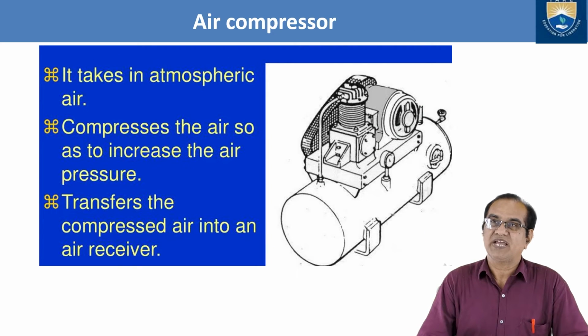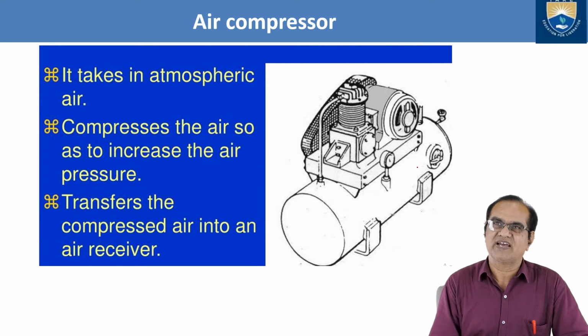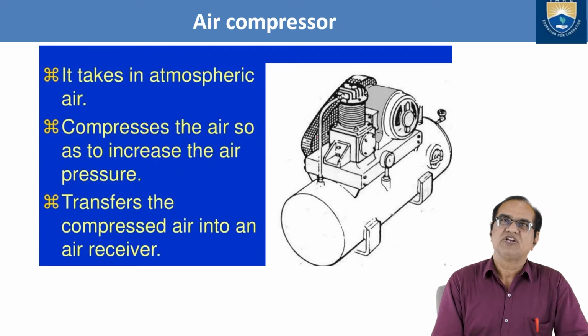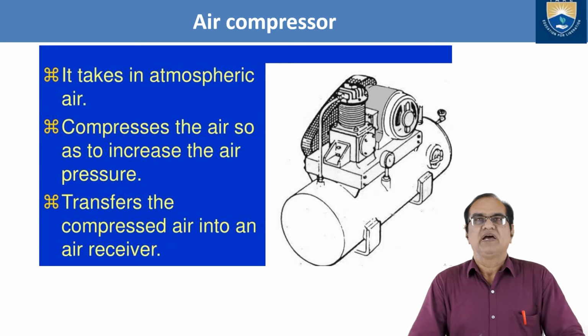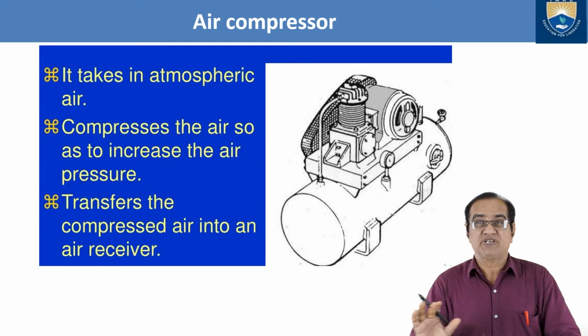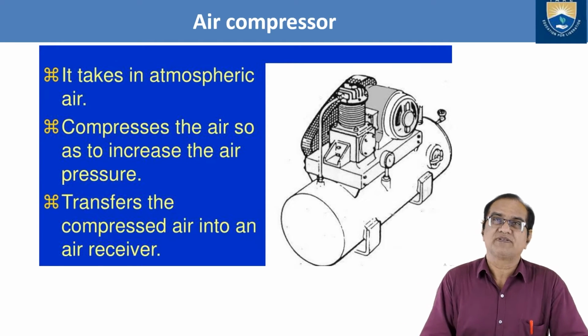Next is the compressor. You might have seen this in a tire shop. In a box there is a motor and a piston cylinder, which is pumping, and there is storage here. It takes in atmospheric air, then compresses it with the piston operated by the motor so as to increase the air pressure, and transfers the compressed air into an air receiver.